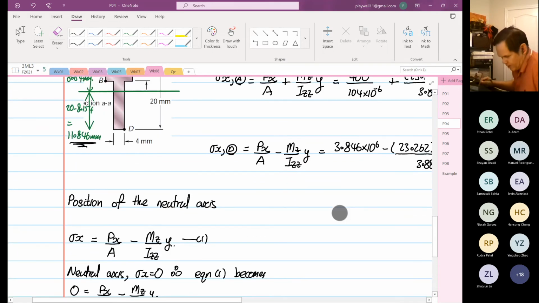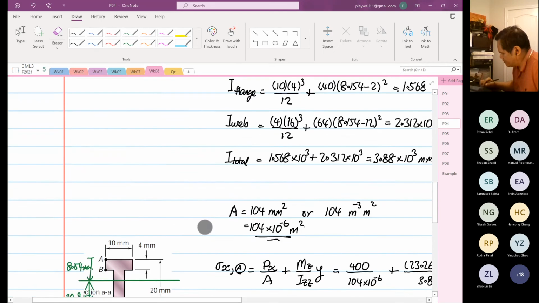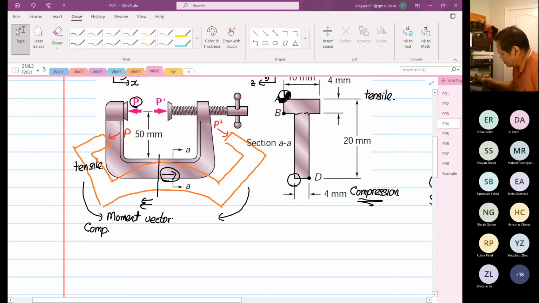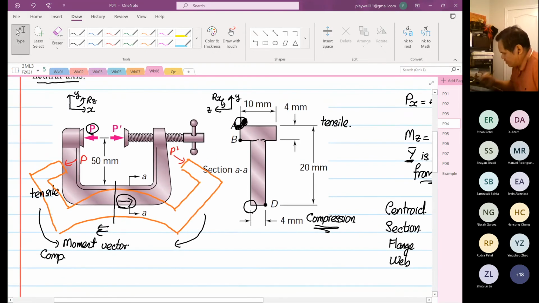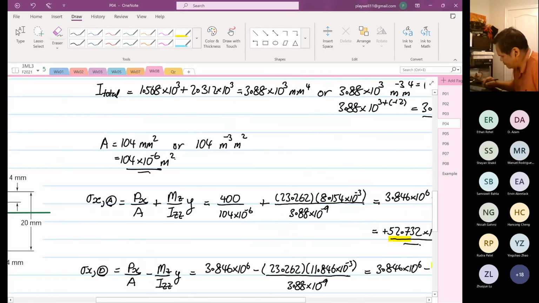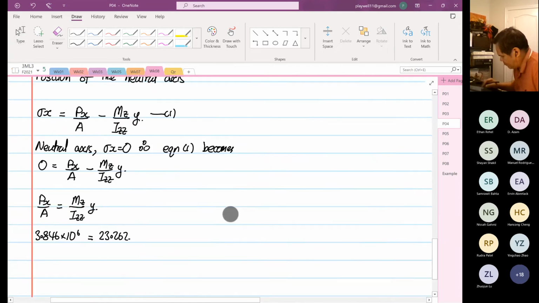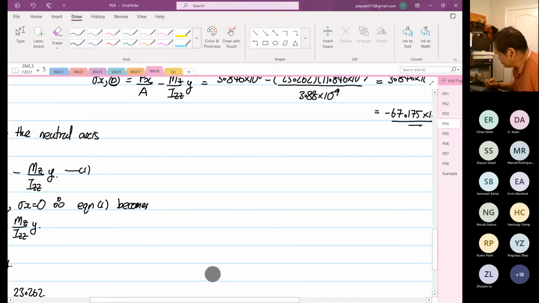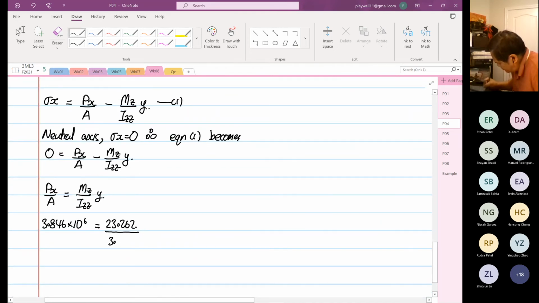Okay, so if we look at our moment, our Mz is 23.262, and our Izz is equal to 3.88 times 10 to the power minus 9.